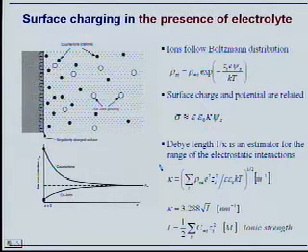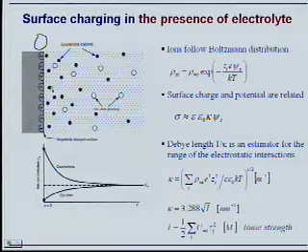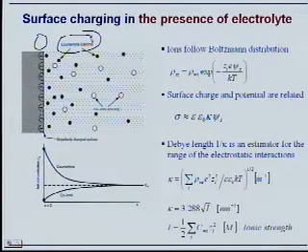So let's start with some revision of what we studied the previous time. We have the system of a charged surface, and you have two types of ions in the liquid next to the surface. First, you have the counterions, which are of opposite charge to the surface, and they would like to stick close to the surface.